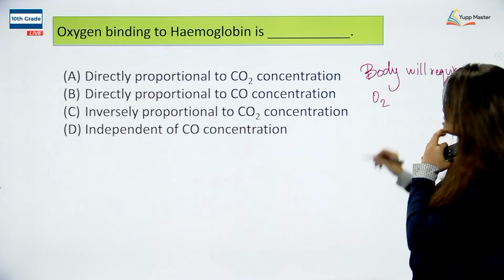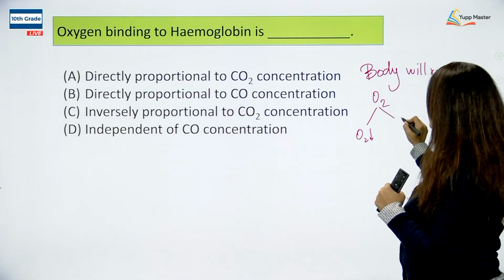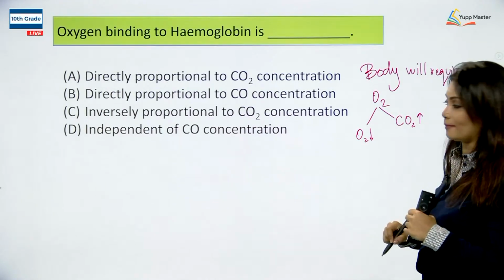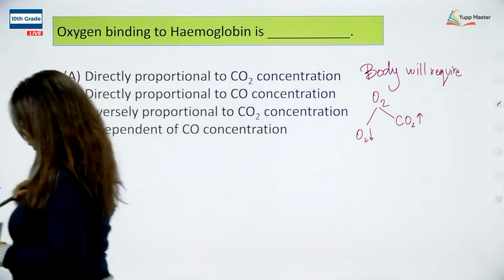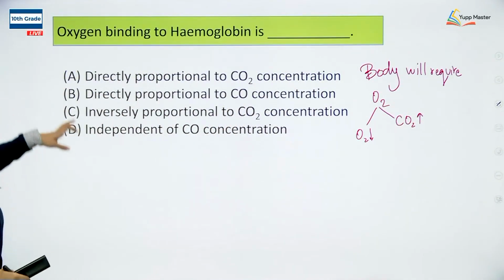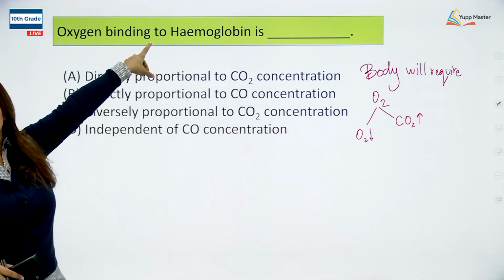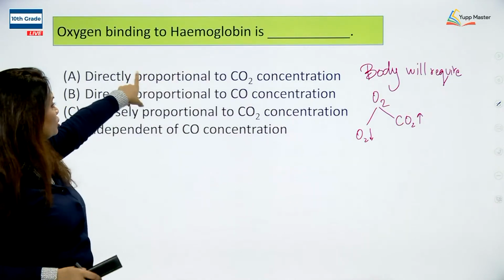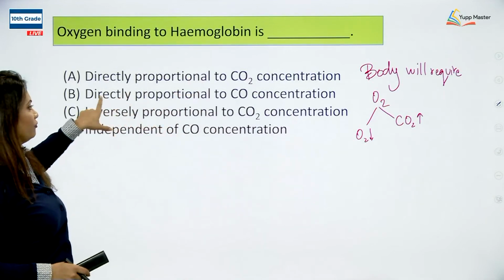During which two conditions? Either when oxygen is going to be less in that area, or when carbon dioxide in that area has increased. Both of these could happen. So let's look over here. Is it directly proportional to carbon dioxide concentration? Yes or no? If oxygen is tightly bound to hemoglobin, is it because carbon dioxide is also high? No, it would be the opposite in fact.